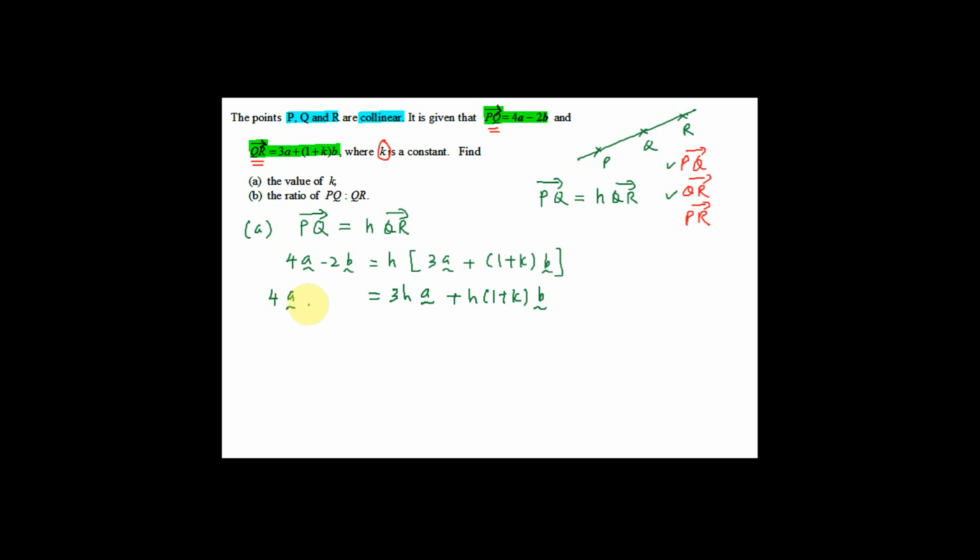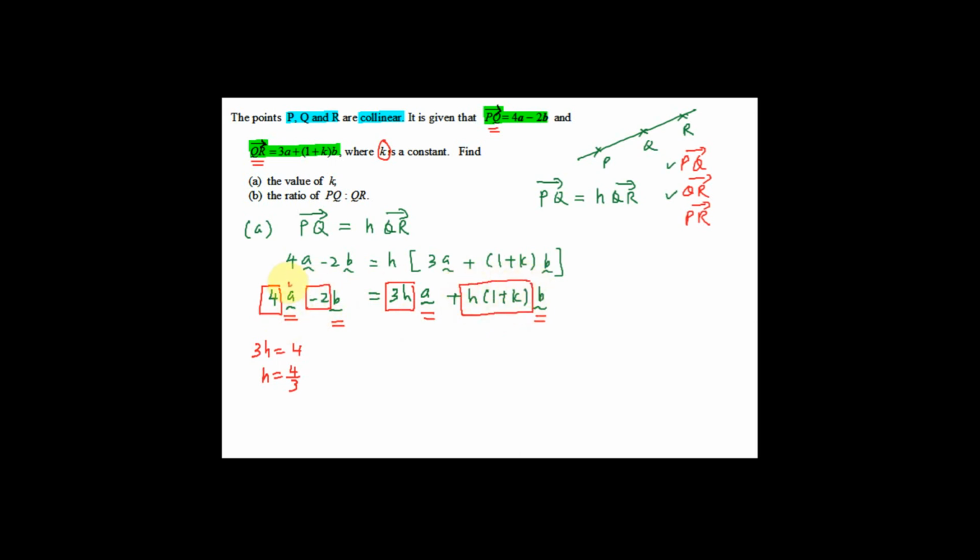So now we have to use the comparison method because you already grouped the vector a and the vector b together. So what we can say is 4 equal to 3h. Therefore, your h equal to 4 over 3, and negative 2 equal to h multiplied with 1 plus k.